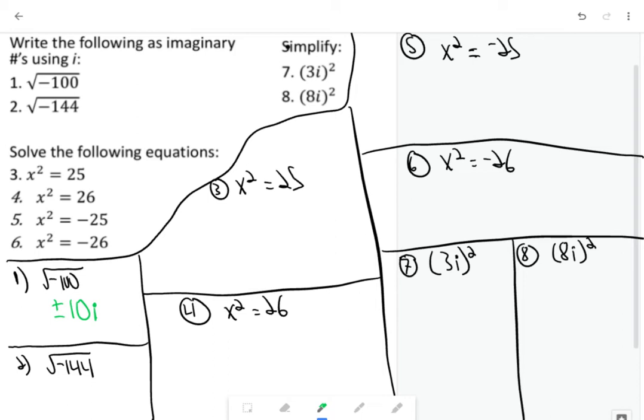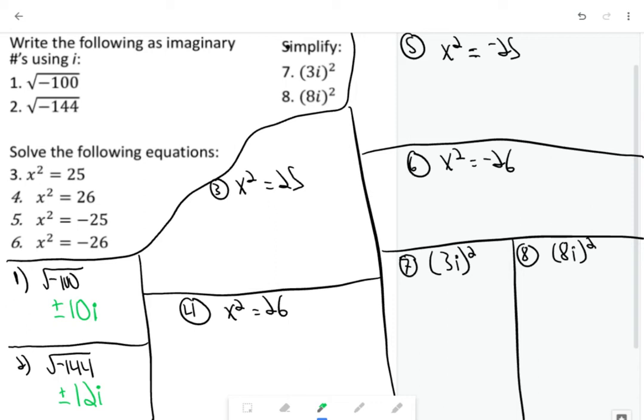Same thing with number 2. If it were the square root of positive 144, we would say that the answer is positive and negative 12. Well, now we're going to say the answer is positive and negative 12i. And that is literally it.